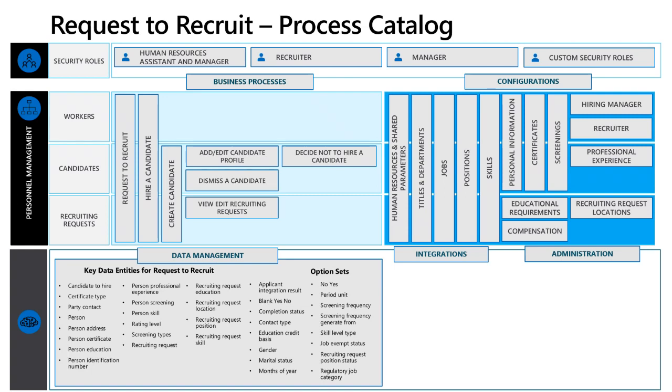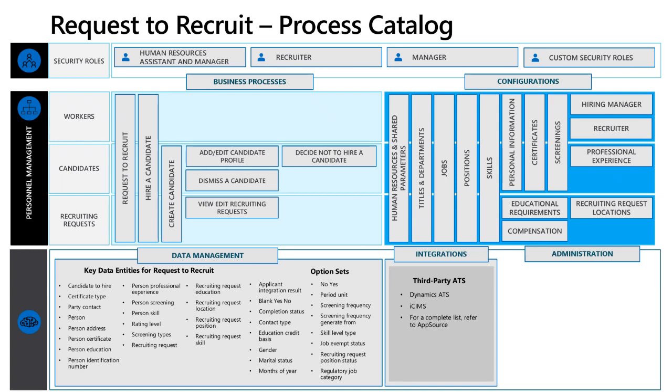While data migration for your go live may not include any or many of these data points, it is more likely these entities and option sets will be used for integration with an external system, especially your applicant tracking systems. Which brings us to integrations.